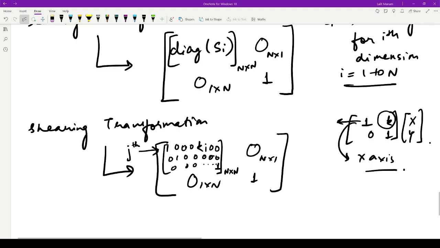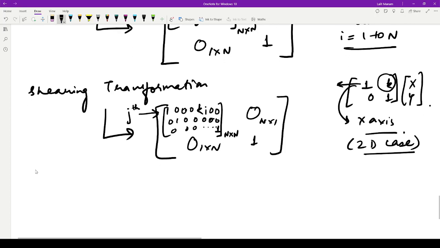Is this fine? We're just extending this two-dimensional case to the n-dimensional case. Any doubts? Clear. Okay, great.